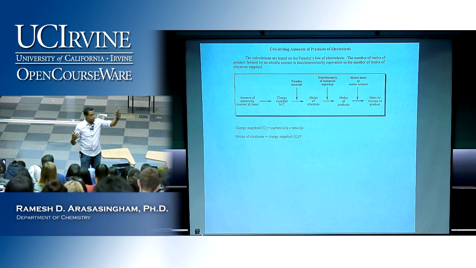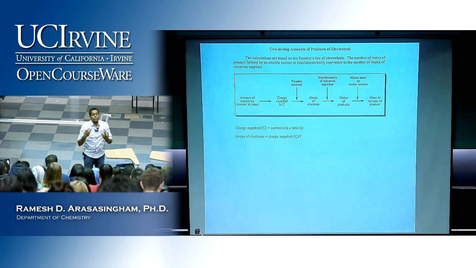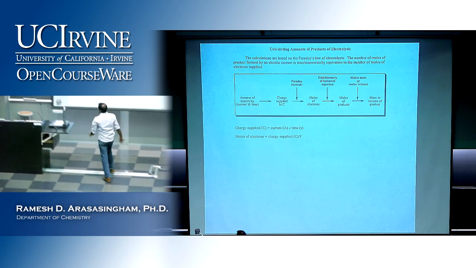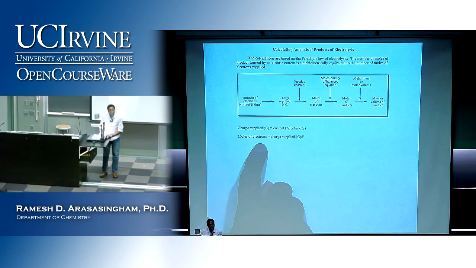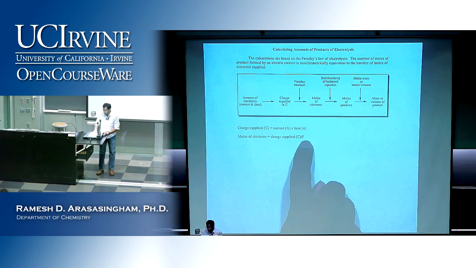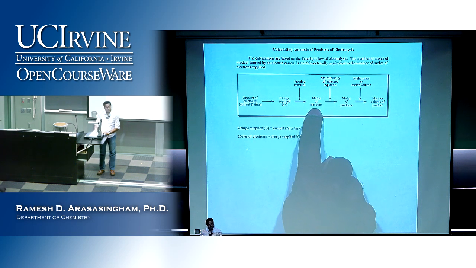So if you take the charge and divide by charge per mole, which is Faraday's constant, you end up with the number of moles of electrons that have been supplied. So the moles of electrons is always the charge supplied, in coulombs, divided by the Faraday constant, F. And that will give you the moles of electrons.